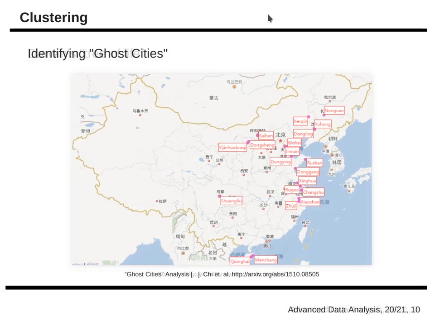clustering. A more recent example, if you check this paper, is identifying regions or cities in China that are not inhabited. There's a lot of construction in China in many places where the people actually don't go live. They just buy the houses and don't live there. This was done using density-based clustering applied to data on mobile phone location.